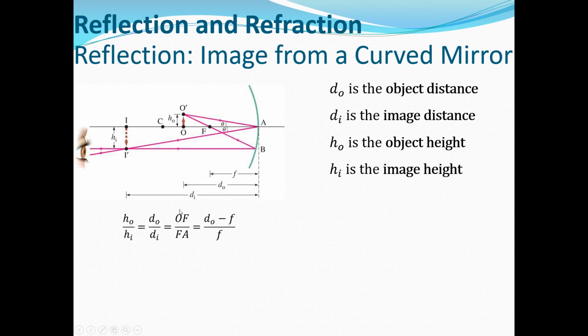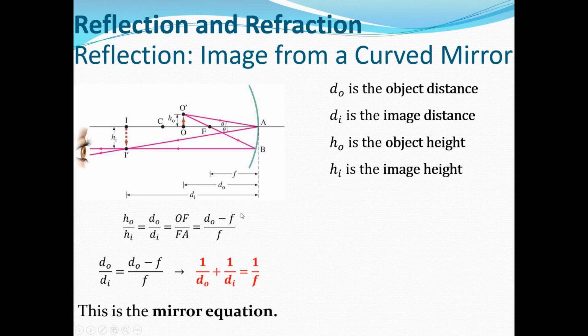From there, they just plug in, and then you can take DO minus F to represent this distance, and then the focal length for F. When we take this and we maneuver things around, we end up getting this equation.